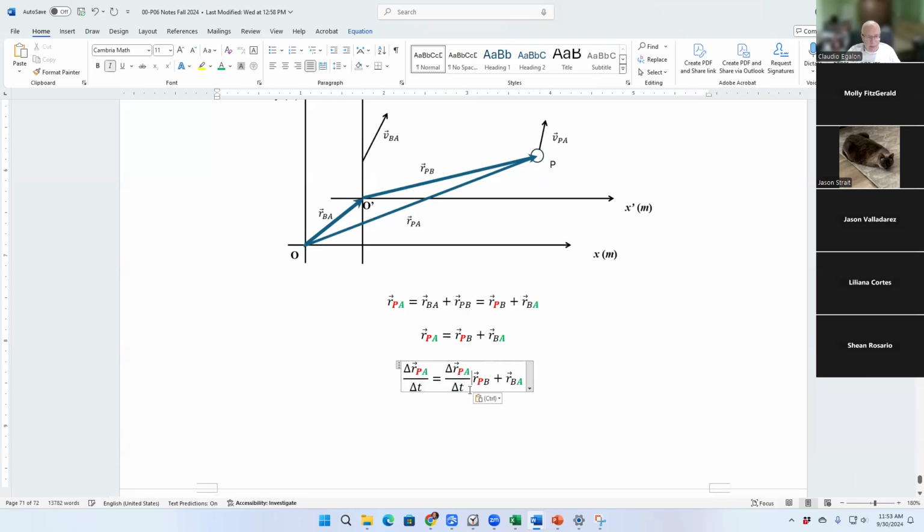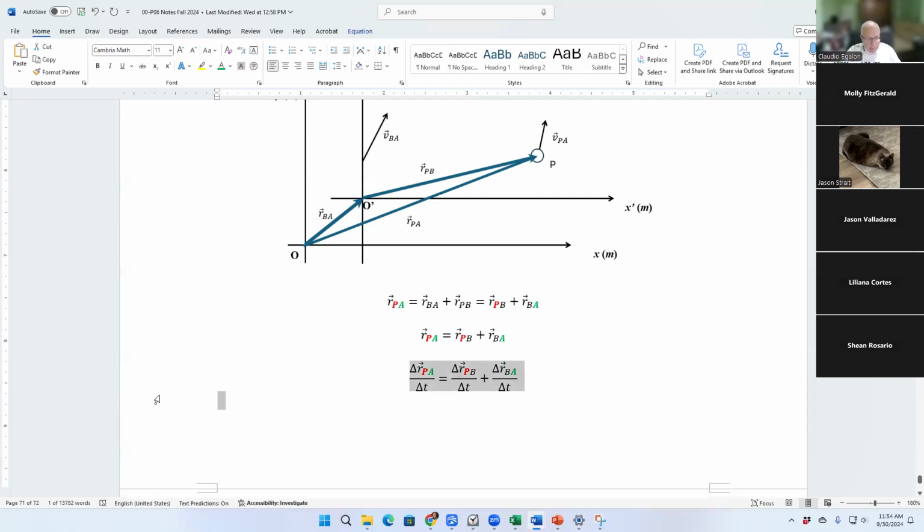I'll put it the other delta R over delta T, and one more, delta R over delta T. Okay? But wait a minute.